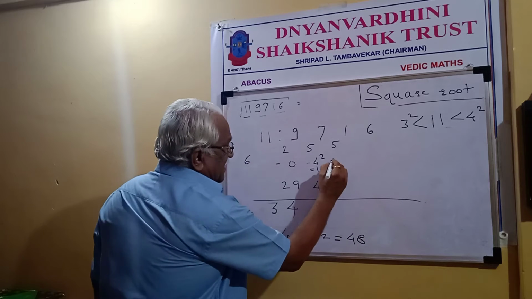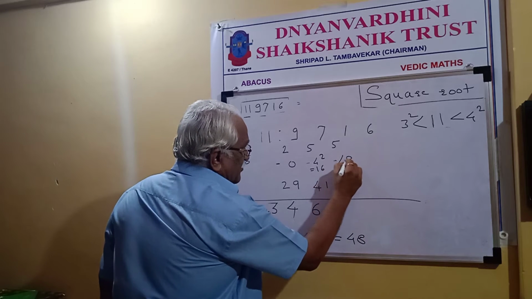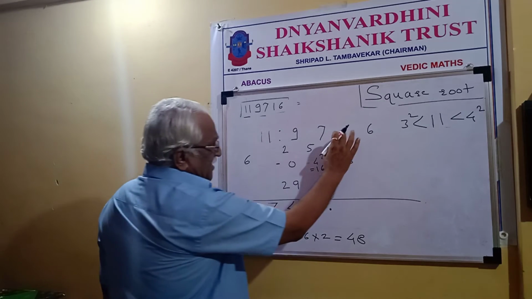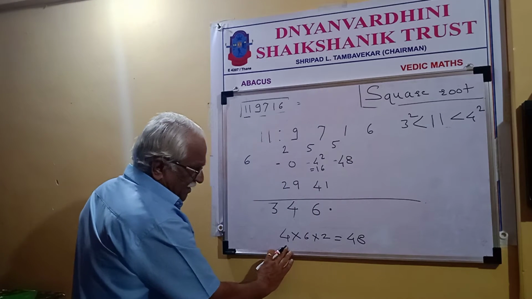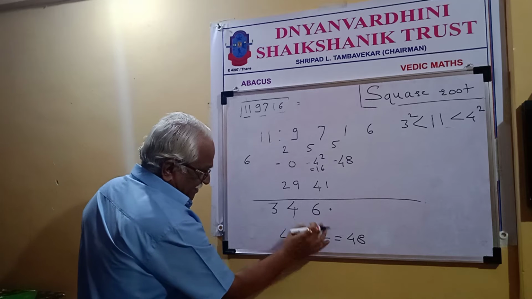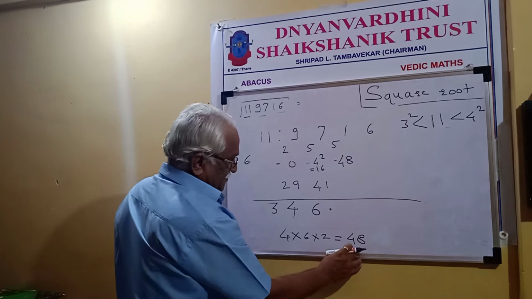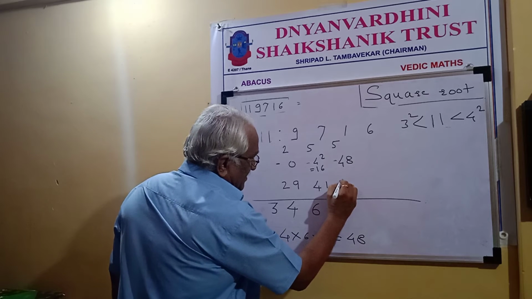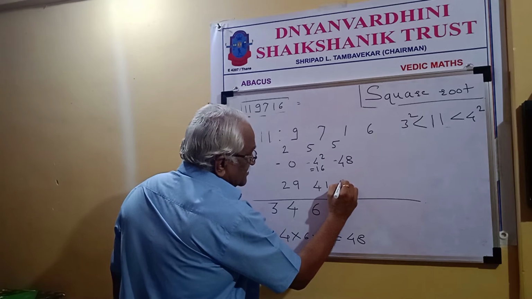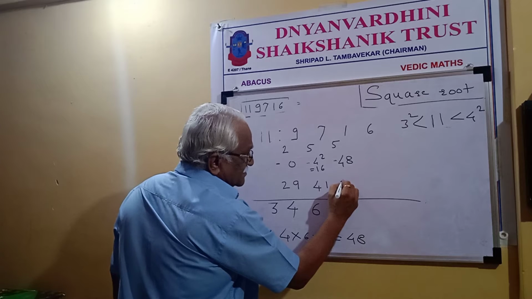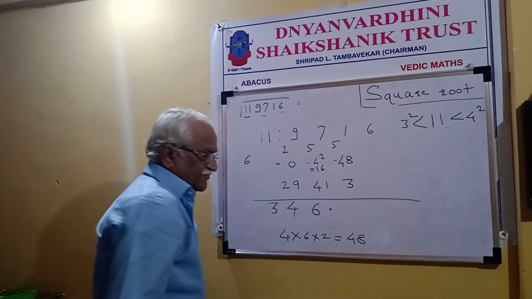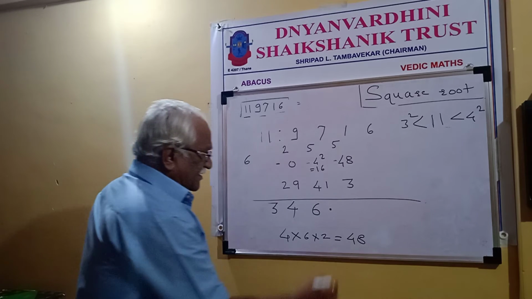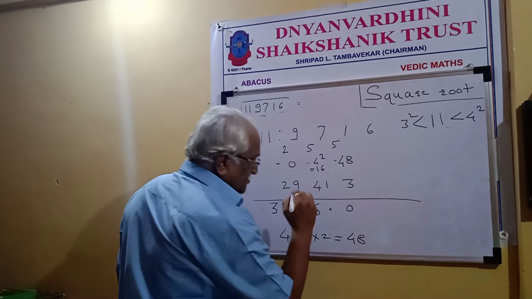So we have to deduct 48 from this. So gross dividend 51, by the Dvandva Yoga method, 4 into 6 into 2, that is 48. Then 51 minus 48, that is what it comes, 3. So 3 divided by 6, it comes 0.